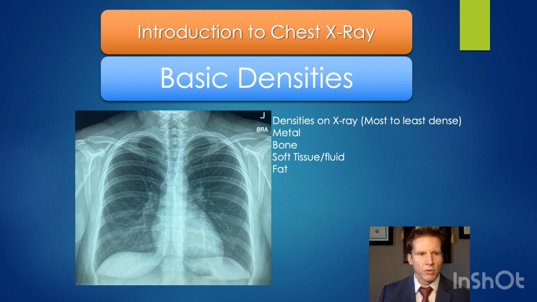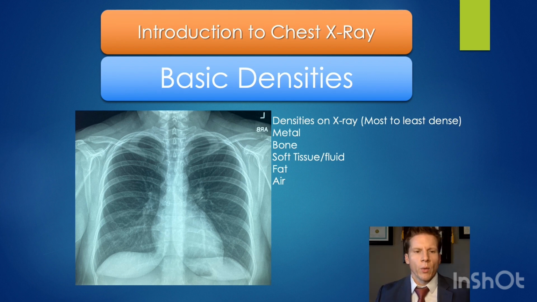It's important to know that these areas are normal so that they don't get confused for things like pneumomediastinum or subcutaneous emphysema. And then finally, we have air. Those are going to be the blackest areas on the image, including the areas off the field of view, off of the image, that are completely black because they're not being absorbed by any structures of the body.